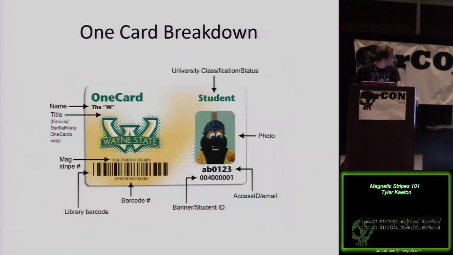So here we have a 1 card breakdown. We have student ID, photo, email, barcode, name, title. Title's interesting, so it will say like, staff or professor or something like that. So you might immediately know right off the bat that that card has more access than yours. And then we have magstripe number.